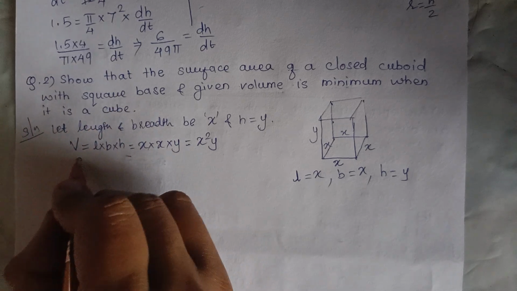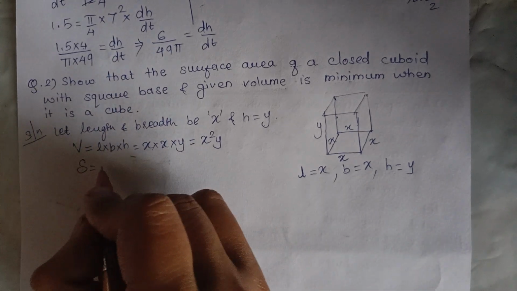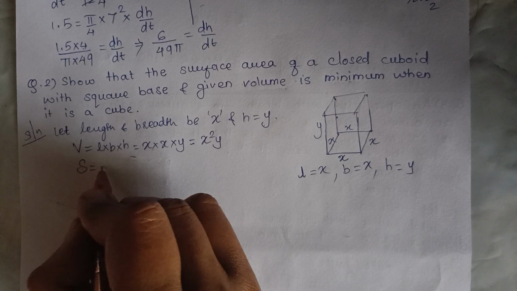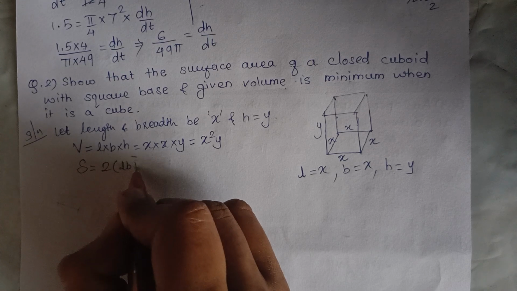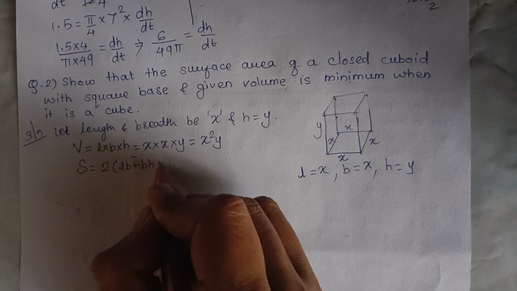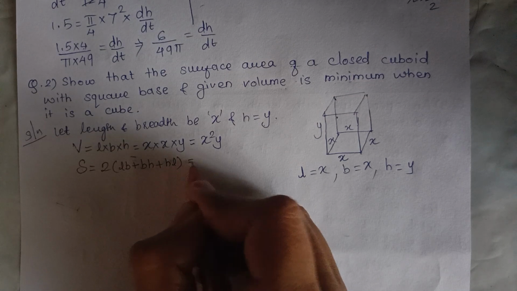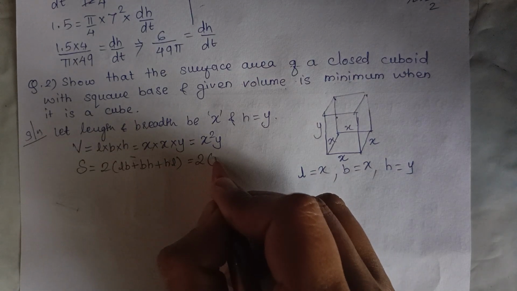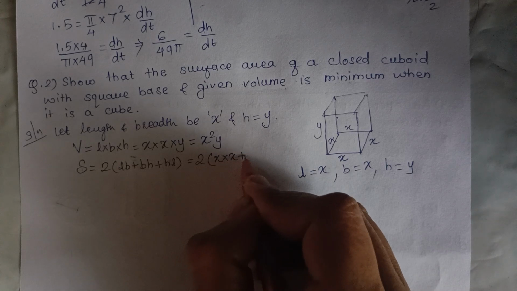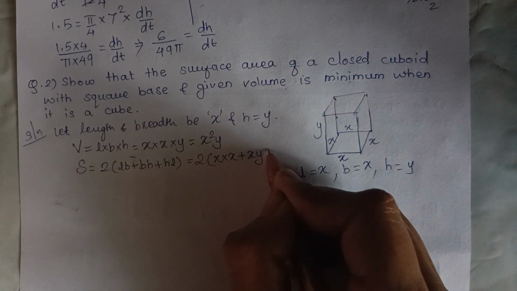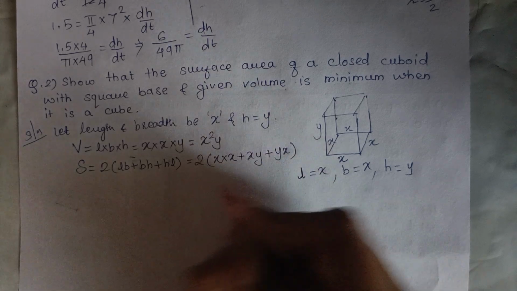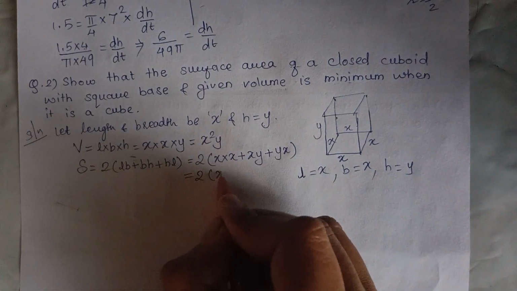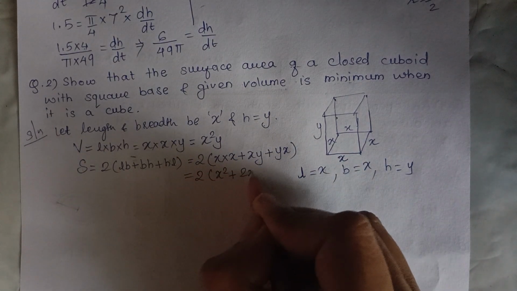Surface area of a cuboid is 2 times length into breadth, breadth into height, height into length. So length into breadth, x into x, plus x into y plus y into x. So this is 2 times x square plus 2xy.